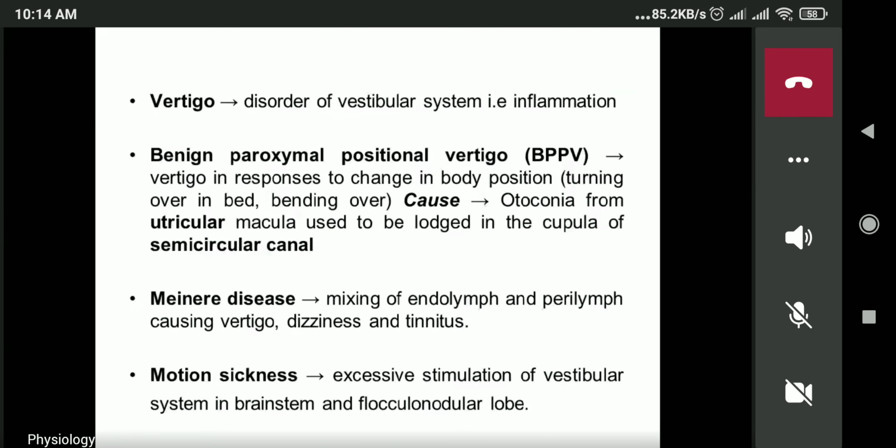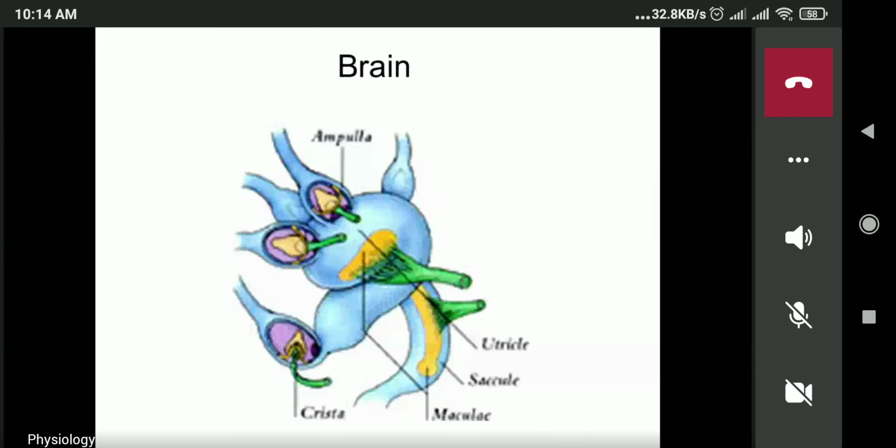I repeat, the otoconia, that means the calcium carbonate crystals, from here, this is the utricle, this is the macula of the utricle. From here it is going towards the ampulla.